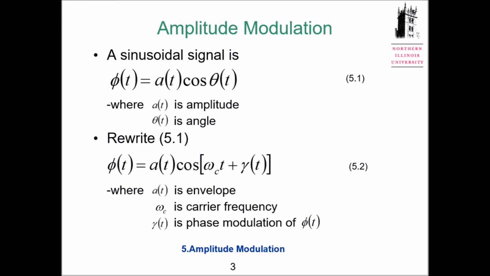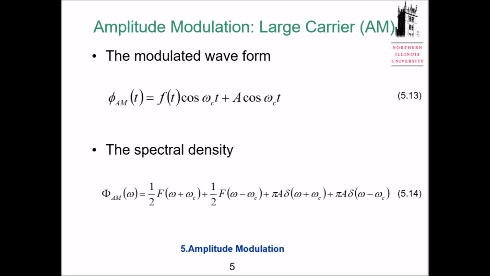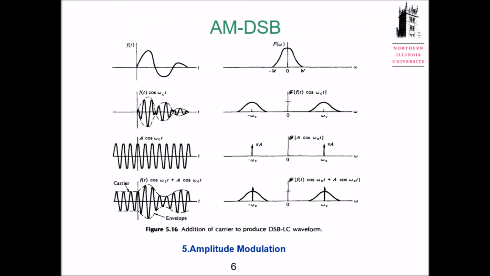So for AM, it also has 4 members. And the last lecture, we talk about the simplest one, called AM large carrier. So this part is the large carrier. Modulated signal in time, in frequency.